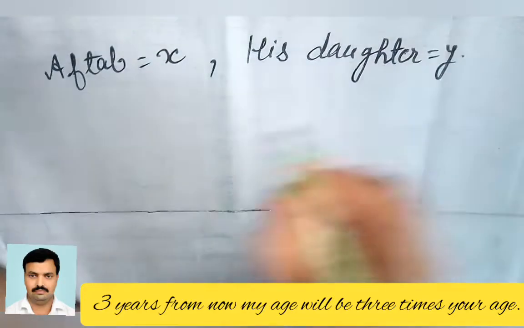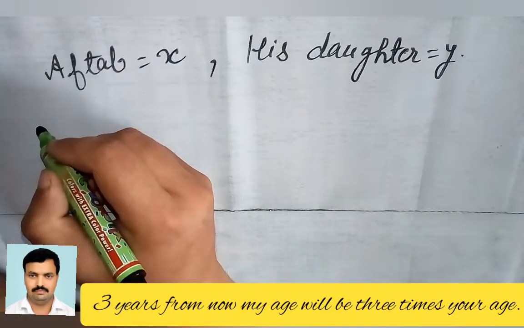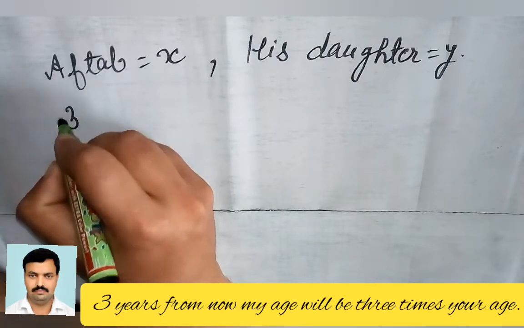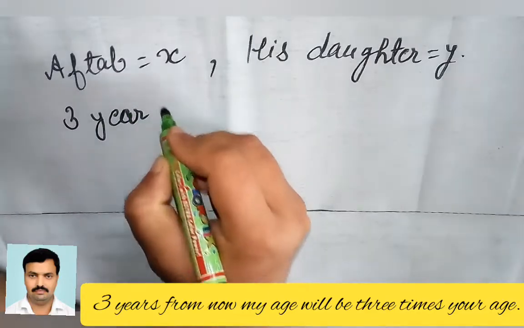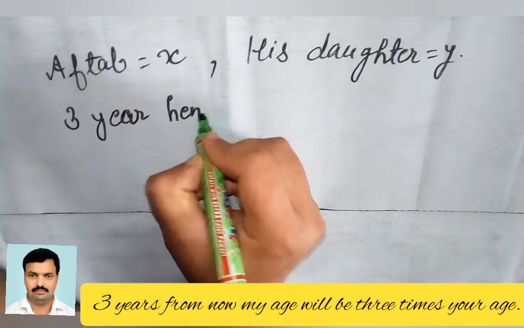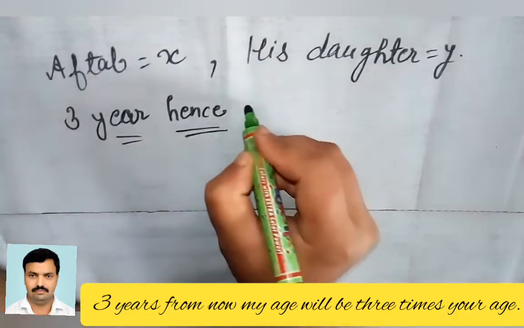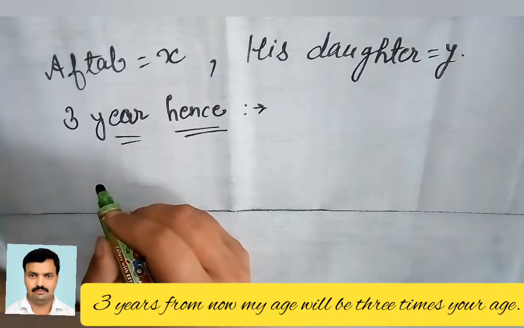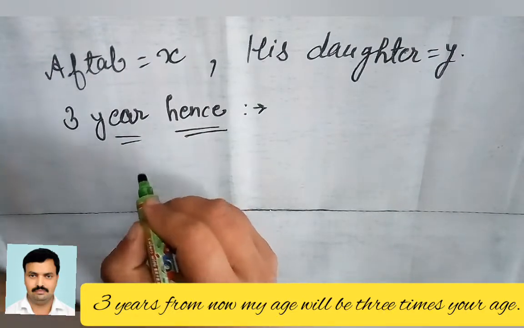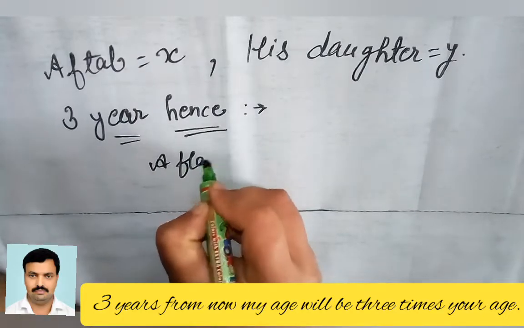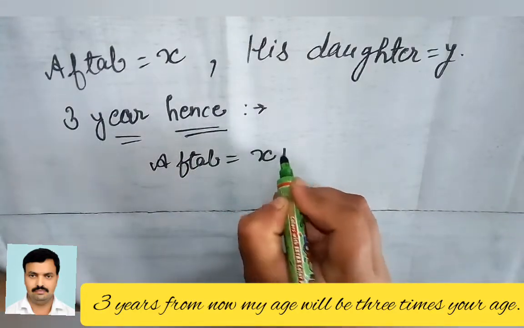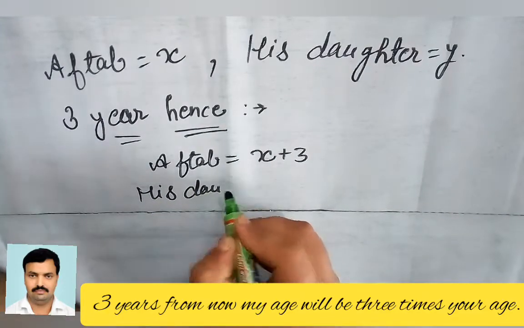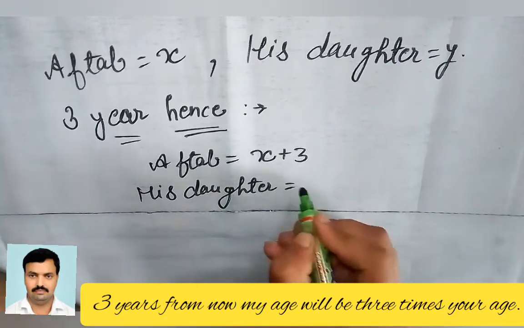So now 3 years from now, the age of Aftab will be three years more than x, so 3 years hence age of Aftab will be x plus 3 and his daughter will be y plus 3.